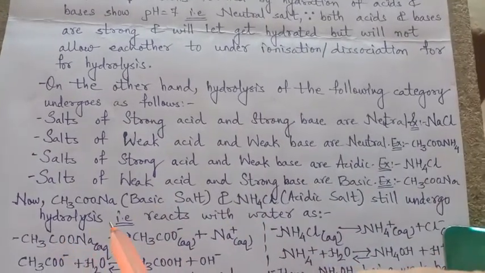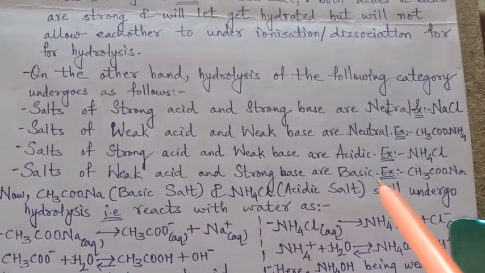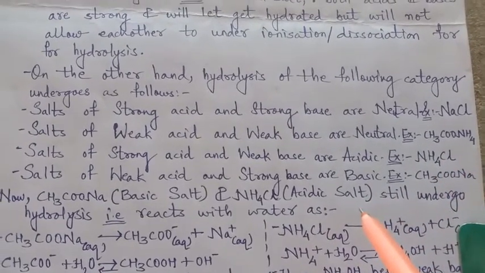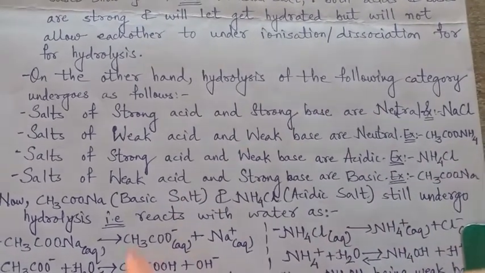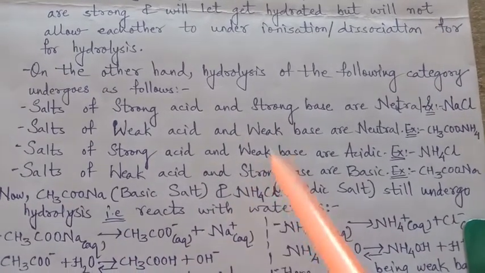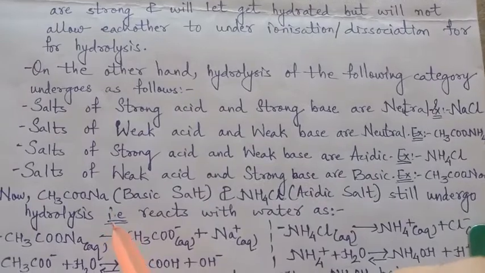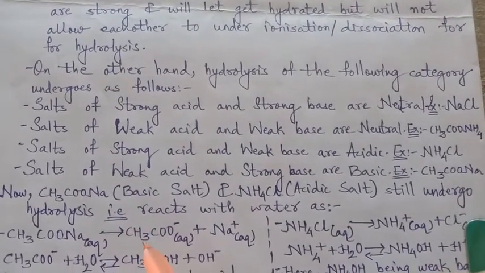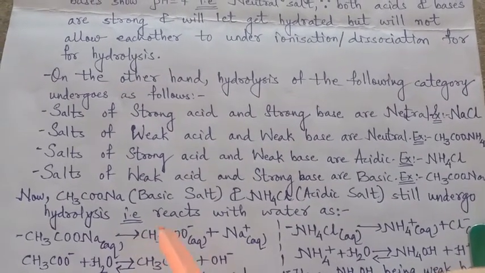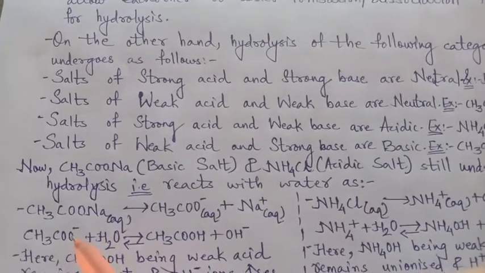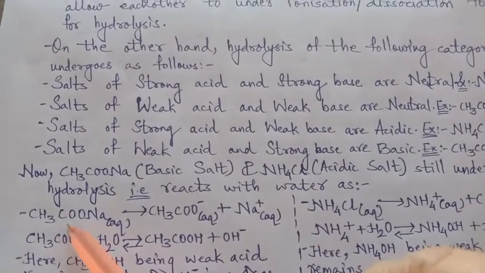Now CH3COONa is the basic salt, and NH4Cl is the acidic salt. When they still undergo hydrolysis, that means they are reacting while in the salt form. Now if they are reacting with the water, they will undergo hydrolysis reactions, and we can see how they hydrolyze.